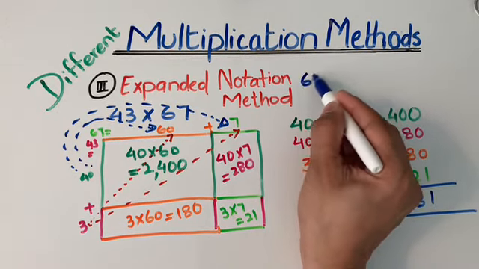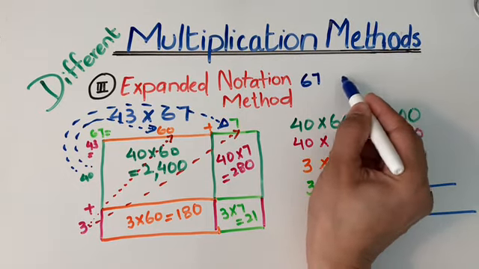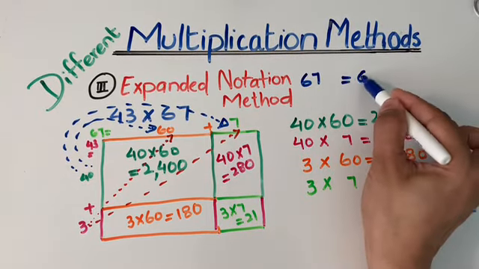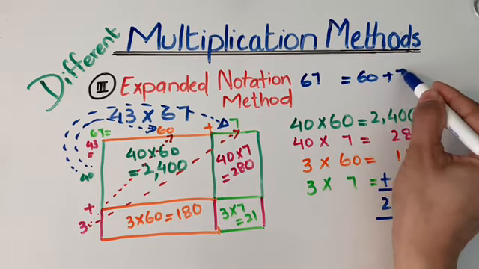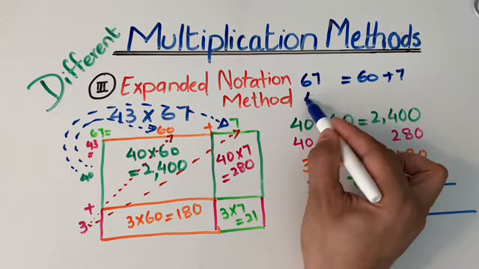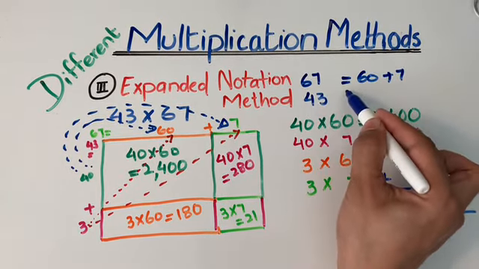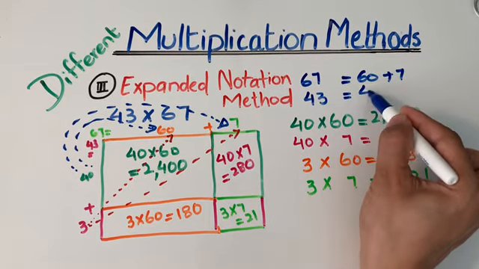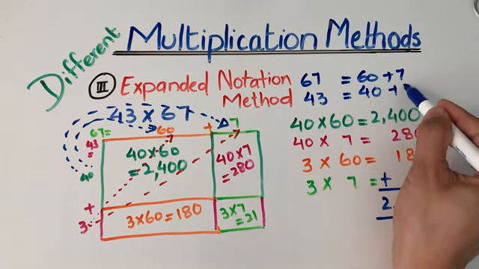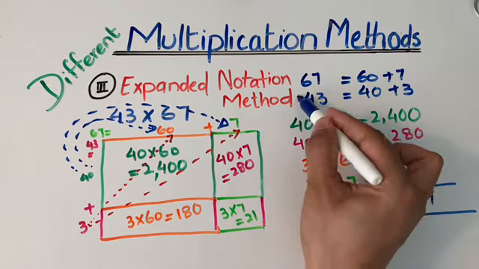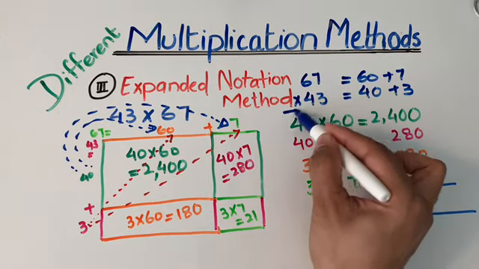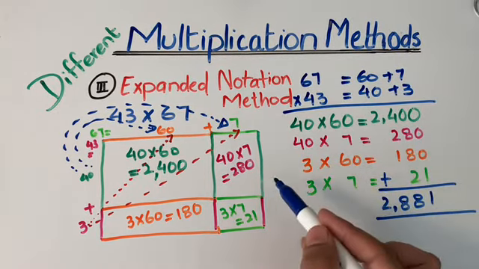Okay, so 67, this is the expanded form, 60 plus 7, and 43, the expanded form is 40 plus 3, and this is the multiplication sign. Let me draw an answer line.